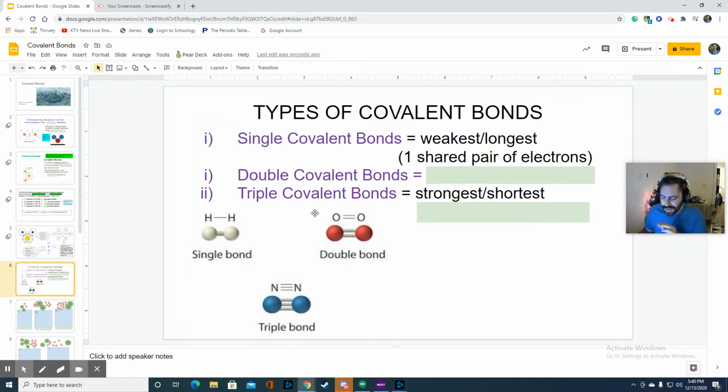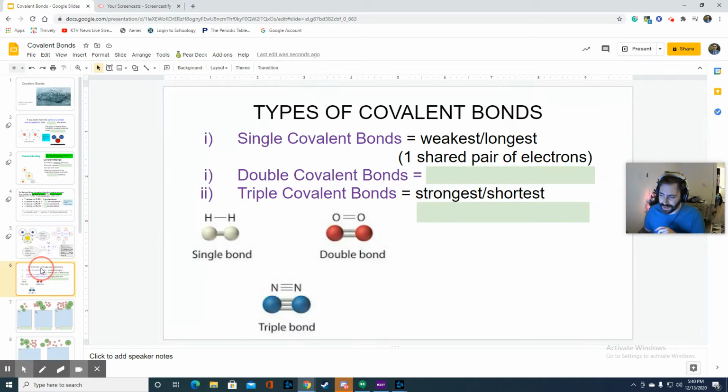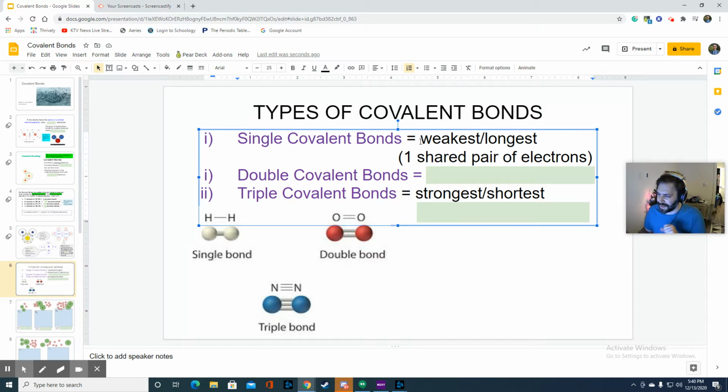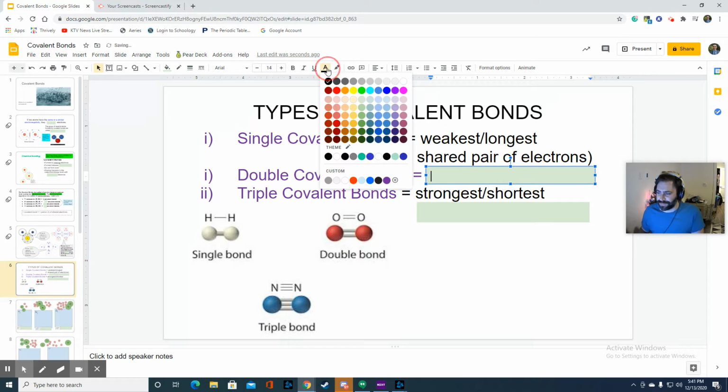So, types of covalent bonds. So far we've only seen single bonds, right? Sharing 2 electrons is a single bond, one shared pair of electrons. This is also the weakest type of covalent bond. A double covalent bond, can you guess how many electrons are shared? If you guessed 2, you're right.